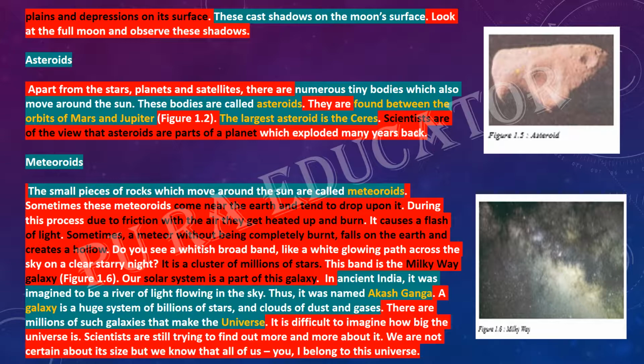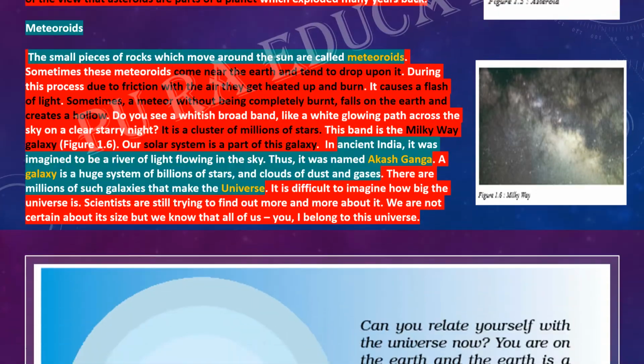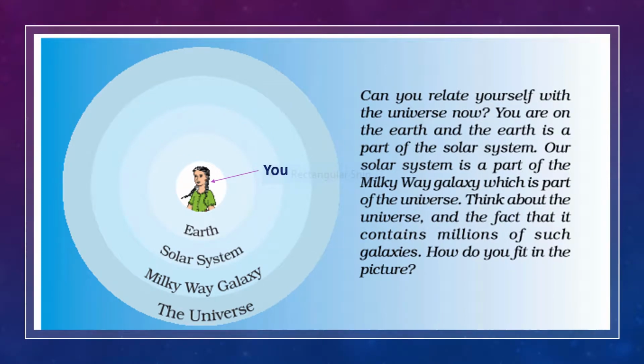Now friends, we'll see other facts, and please go through the pictures which are given here. Friends, now we'll see where we are, and where Earth, the solar system, the Milky Way galaxy and the universe are. As you can see in the picture here, this is you.